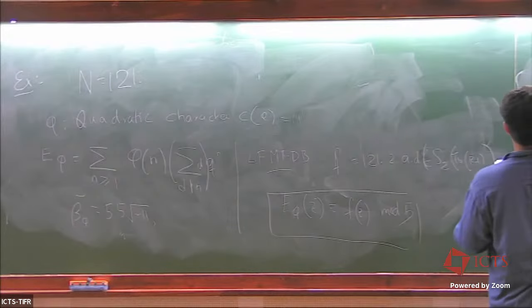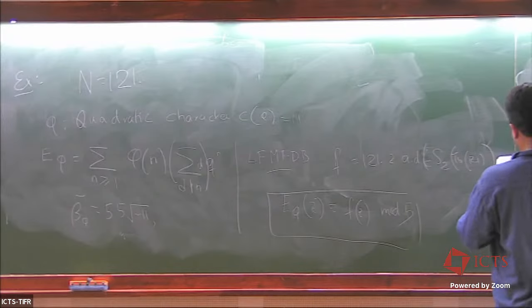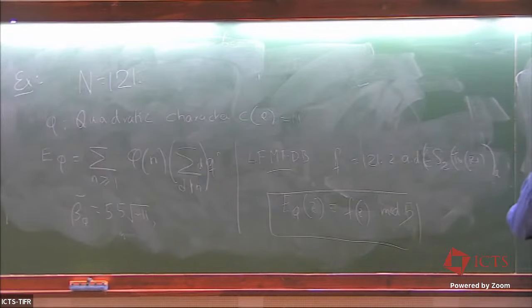So if you take as example 2, you take n to be p squared, 2 times 13, you have primes there. This is 4.